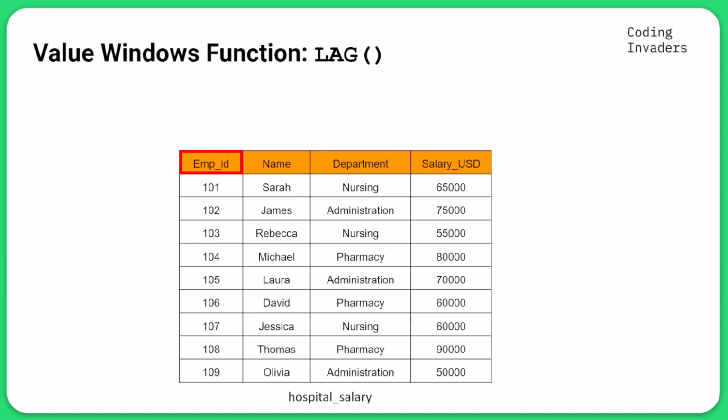A lower employee ID means that the person joined earlier compared to one who has a higher employee ID. And then we have a name column with the name of the employee. And then we have the department of these employees: nursing, administration, pharmacy, etc. And then the fourth column has the salary of that employee in US dollars.